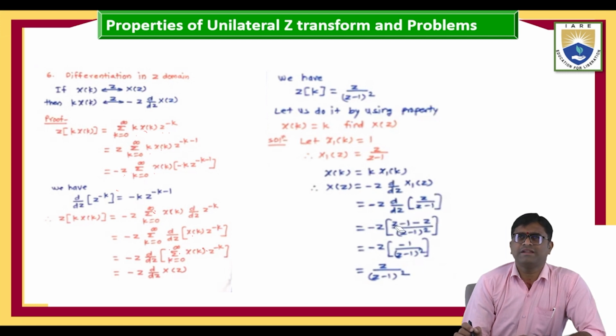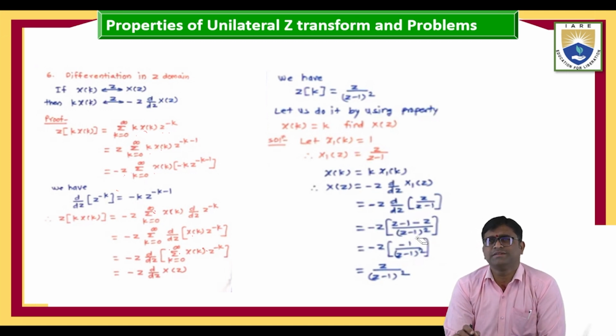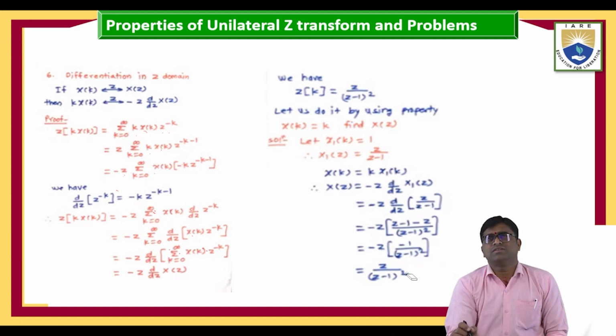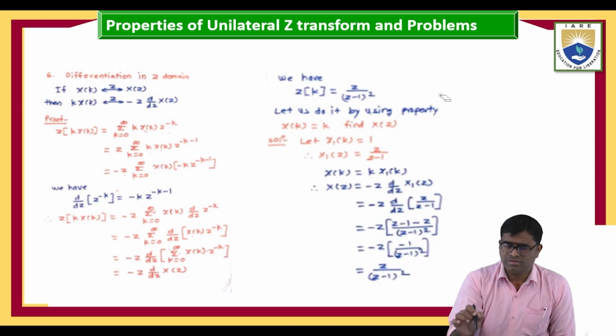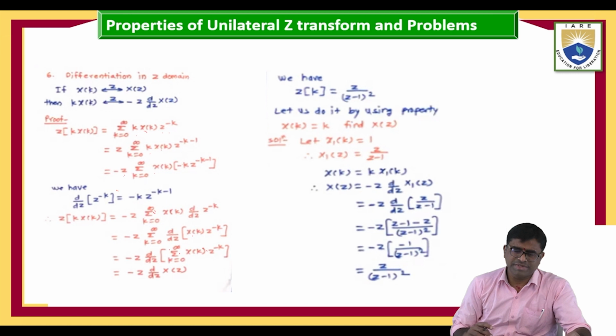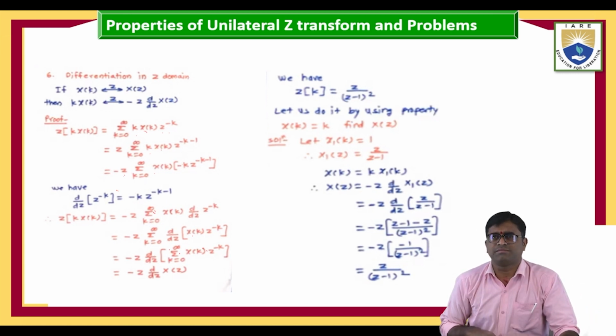So z minus 1 minus z is coming, over z minus 1 whole square. So z cancels and only minus 1 is there: minus 1 by z minus 1 whole square. If you multiply this with the minus z outside, we get plus z by z minus 1 whole square. So this is the differentiation in Z transform.